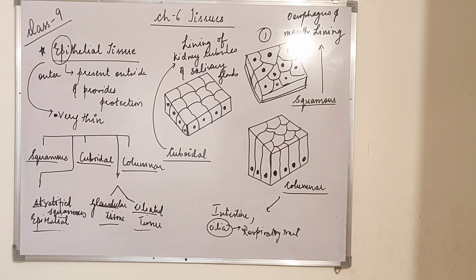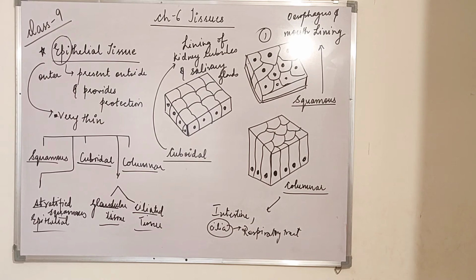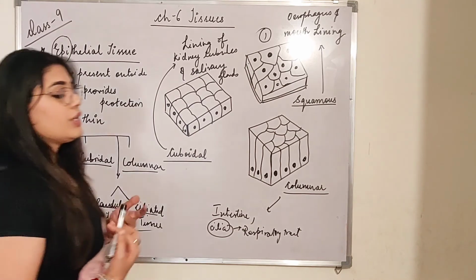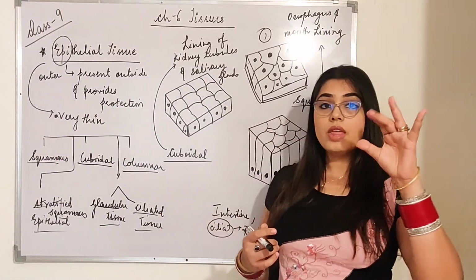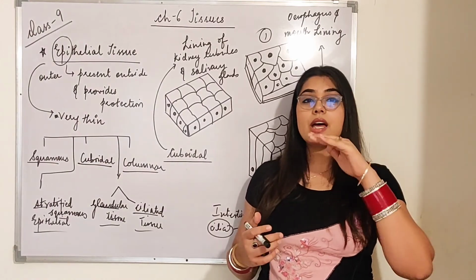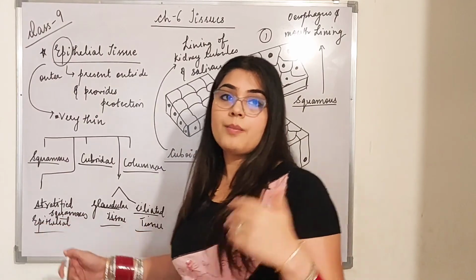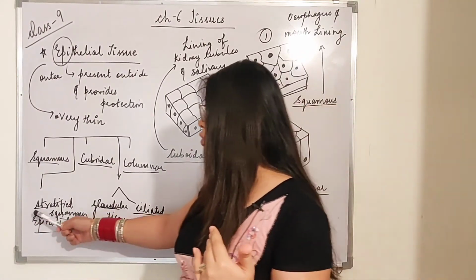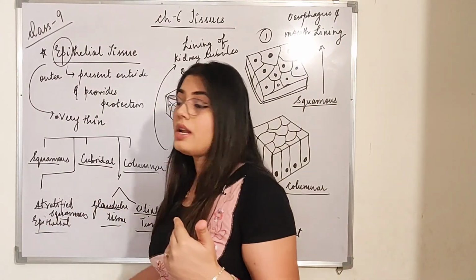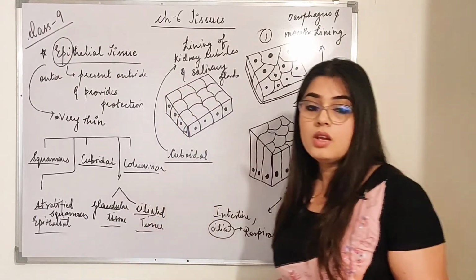That is why they are arranged in a pattern of layers. How that pattern is formed, how they are arranged, that is known as stratified, and all together it is called the stratified squamous epithelial tissue.